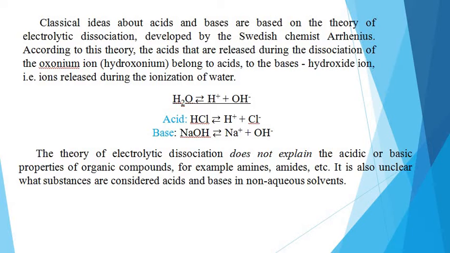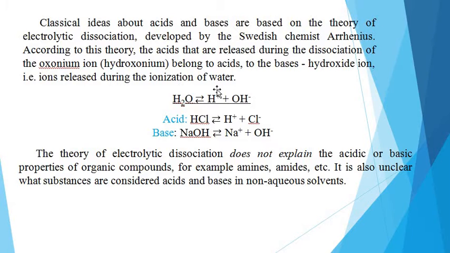Classical ideas about acids and bases are based on the theory of electrolytic dissociation, developed by the Swedish chemist Arrhenius. According to this theory, acids are substances that release oxonium or hydroxonium ions during dissociation, and bases are substances that release hydroxide ions, ions released during the ionization of water. Look at the dissociation reaction of the water molecule.